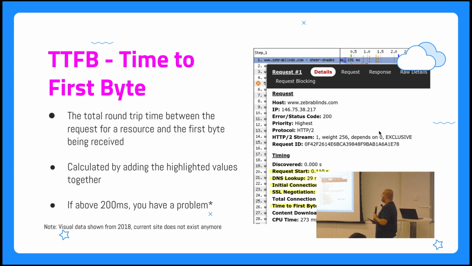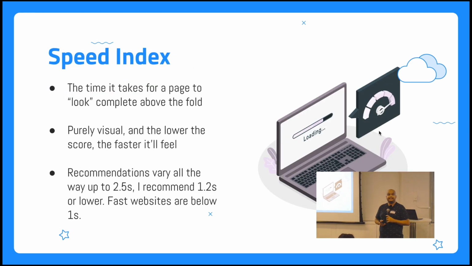The time to first byte highlighted in the image is actually the time that your server takes to respond to a request. The reason this is broken down into these individual sections is very simple. It's so that you can kind of diagnose where the slowdown is actually happening. And if it's above 200 milliseconds, you have a problem that you need to fix. Above that, it actually hinders a user's experience.